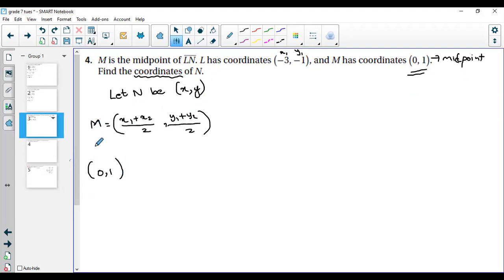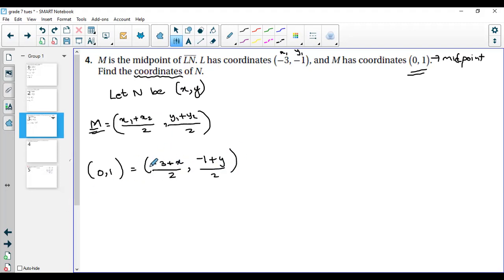These are the coordinates for the midpoint, as M is the midpoint, right? Equals x1 is -3 plus, what is x2? x2 we don't know, so we leave it as x divided by 2. What is y1? y1 is -1, and we don't know what is y2, so we leave it like that.